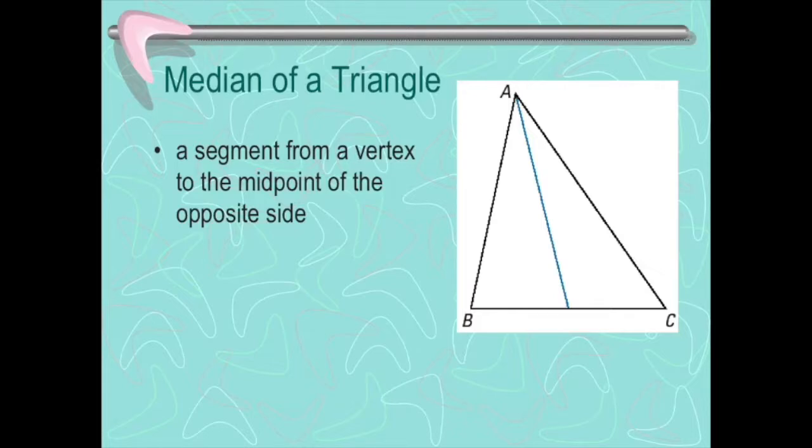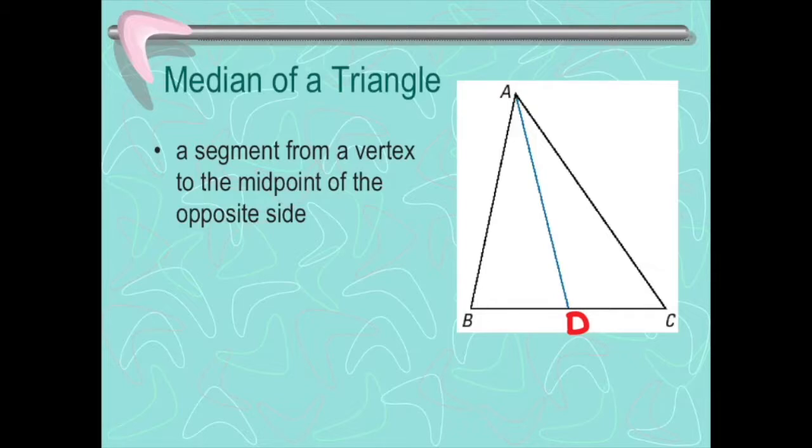So I want you to notice that this segment I've drawn up here, not AB, I'll name it D down here because it just seems logical. That's the next letter. Notice that this does not go perpendicular. It's not perpendicular.